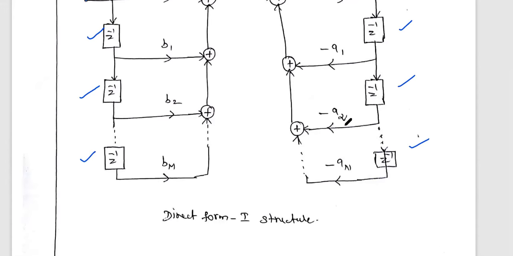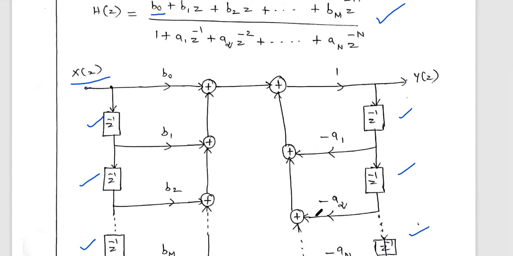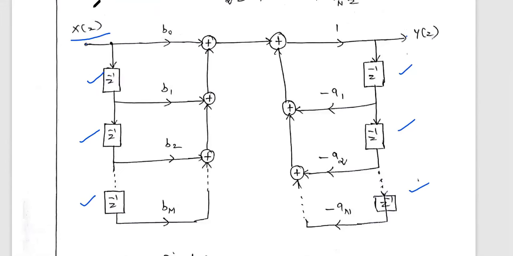Similarly the next one is minus a2, etc. up to minus an. These a1, a2 coefficients are the denominator coefficients, but here we use minus a1, minus a2, minus an. So this is the direct form 1 structure.